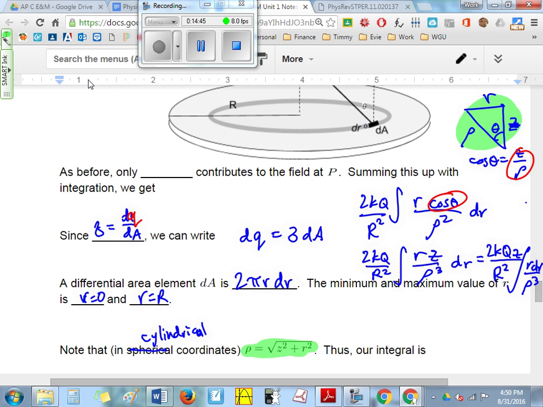I've solved for rho, and this gives us our integral again, but it's a little more complicated now. Now it's got the 2kQz over capital R squared outside, but inside we have r dr over the square root of z squared plus r squared, cubed. That's rho cubed there on the bottom.